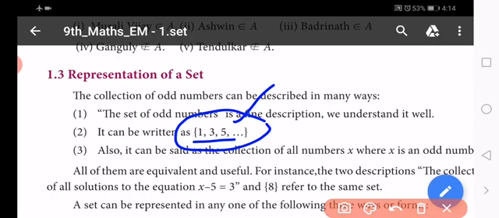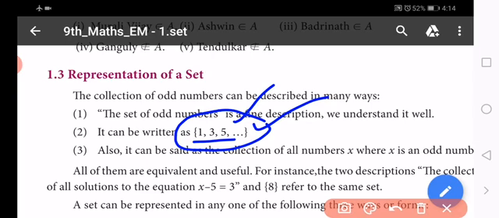So the second one, the collection of odd numbers is described within curly braces as 1, 3, 5, etc. This is another way of describing it.